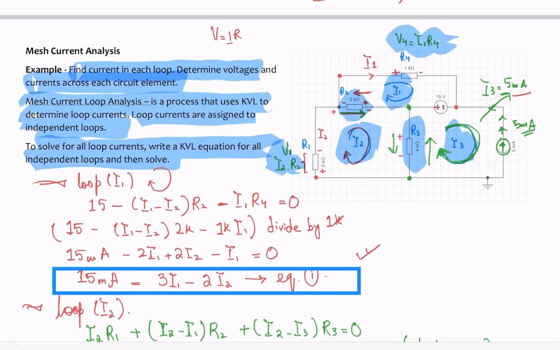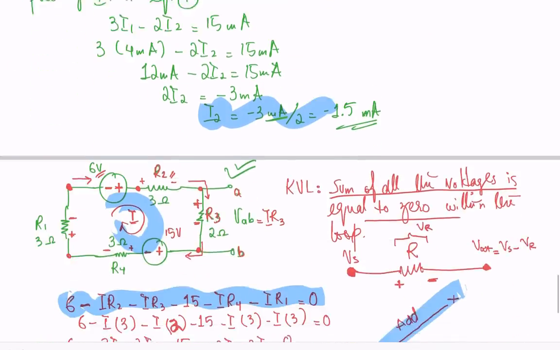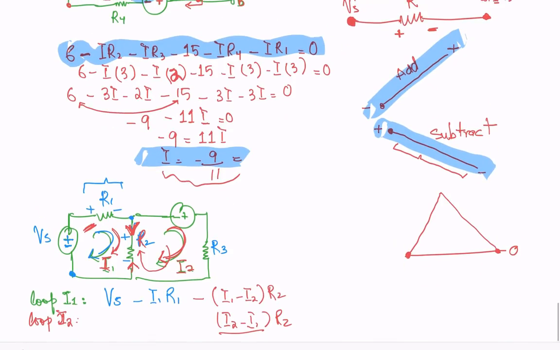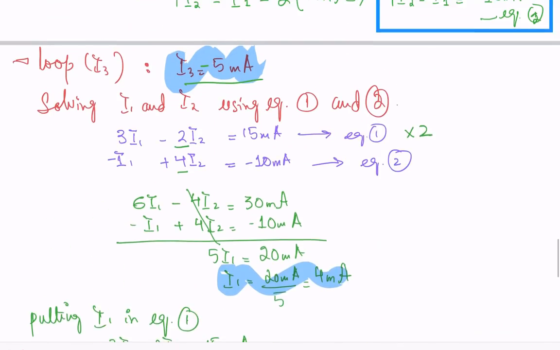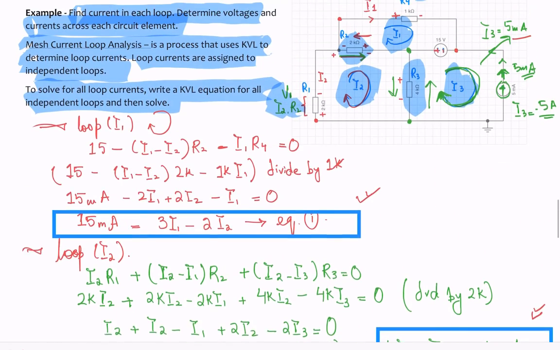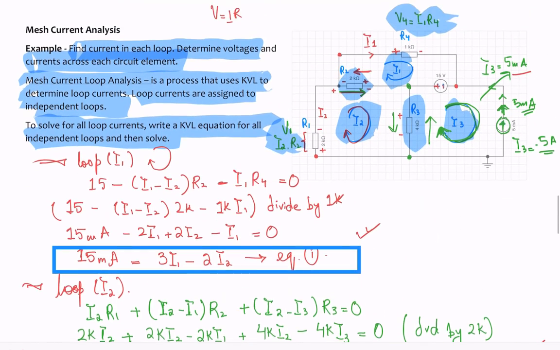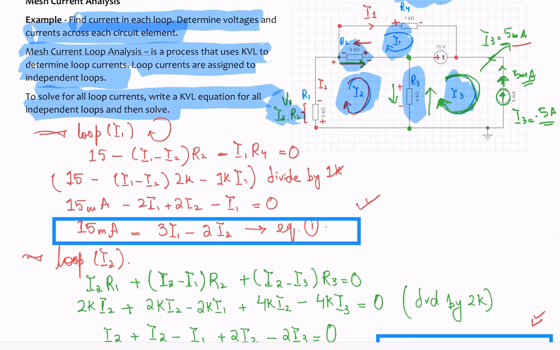Because that direction is opposite to that of the current source over here, we're going to have I3 equals negative 5 milliamps. Okay, and then from there on, you can plug in the values for current and voltages, and find out the voltage across each component.